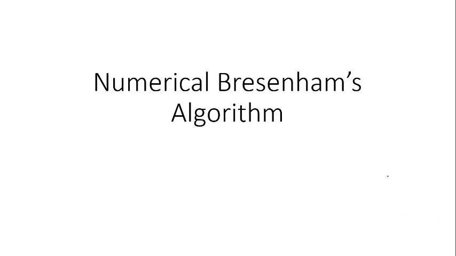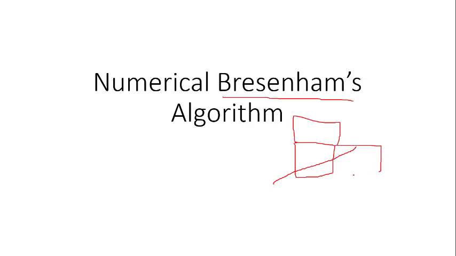Good morning, friends. In our previous lecture, we discussed the Bresenham algorithm and its flow chart, step by step, in which we concluded that in this type of pixel, if our line goes in this direction, we have to decide whether our line will go through this pixel or this pixel.